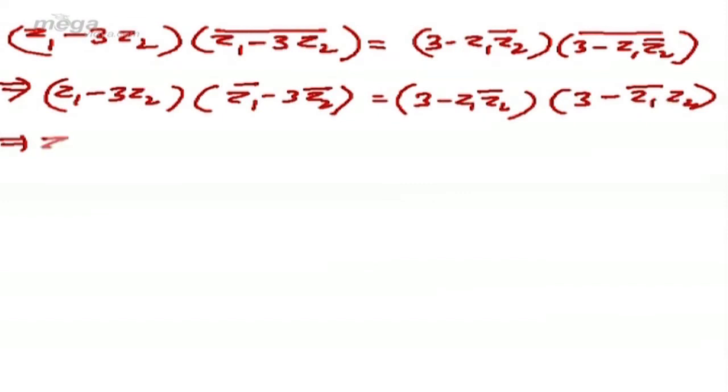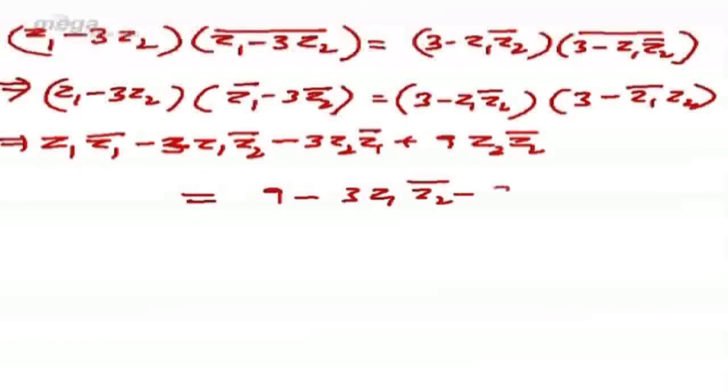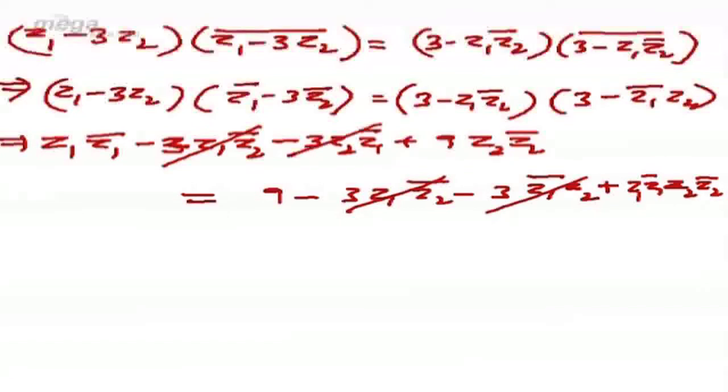The first term will become z1 z1 bar minus 3 z1 z2 bar minus 3 z2 z1 bar plus 9 z2 z2 bar. It will be equal to 9 minus 3 z1 z2 bar minus 3 z1 bar z2 plus z1 z1 bar z2 z2 bar.